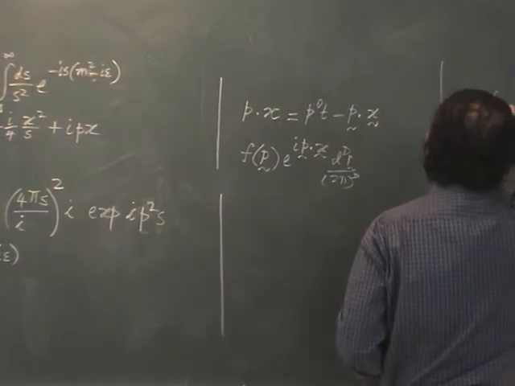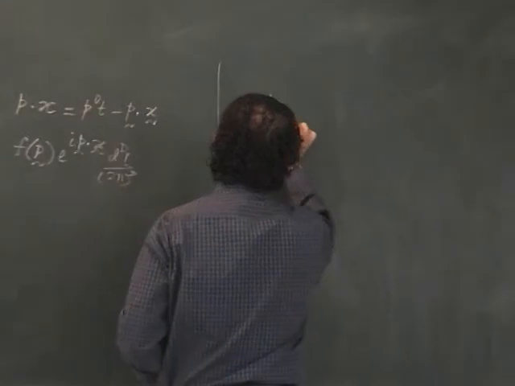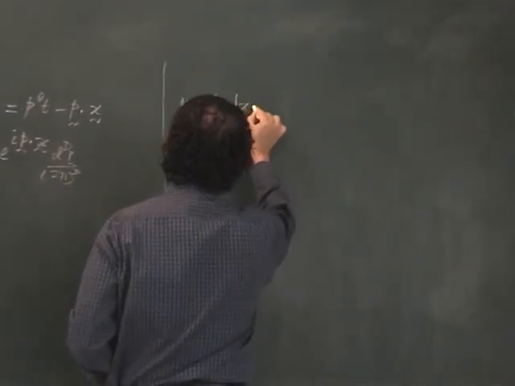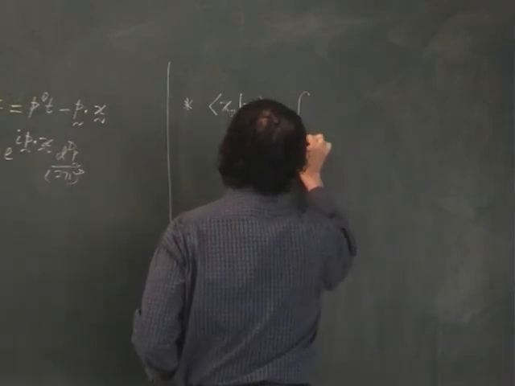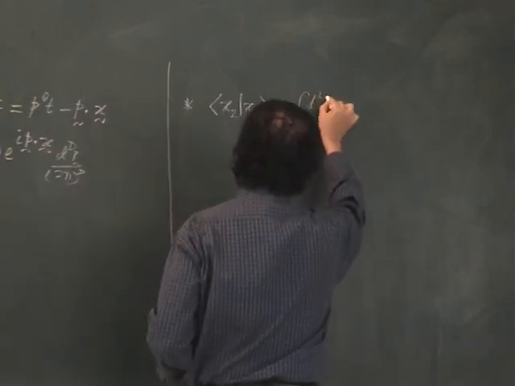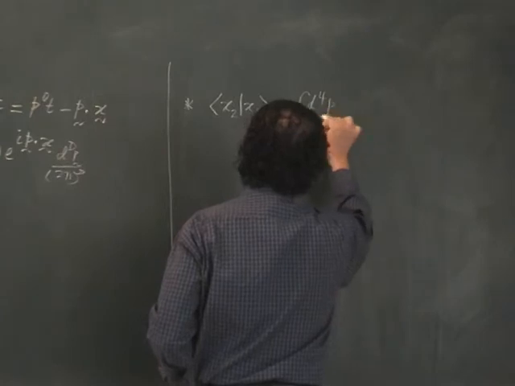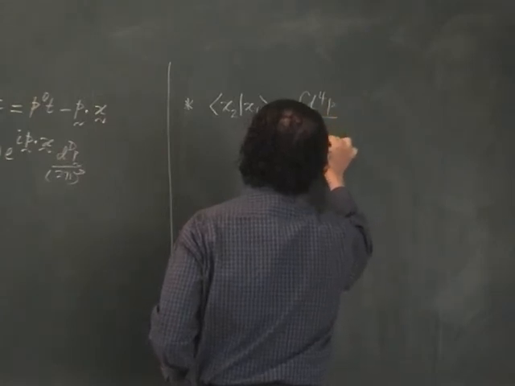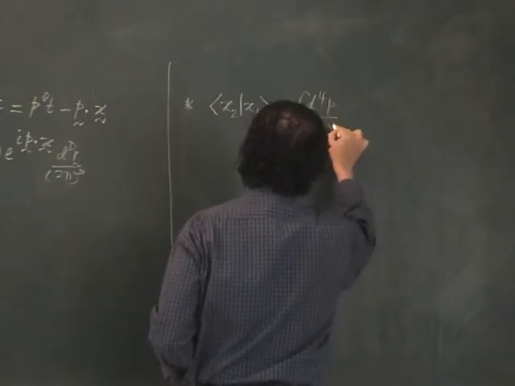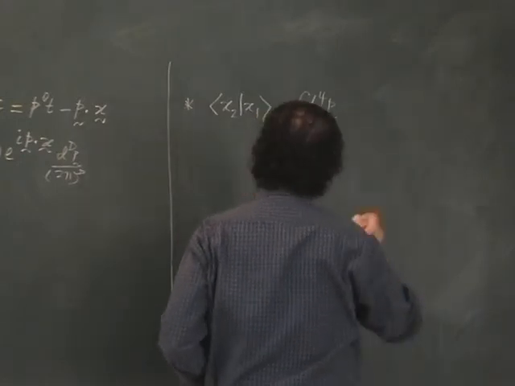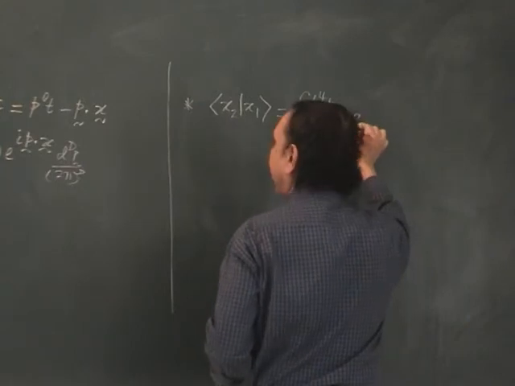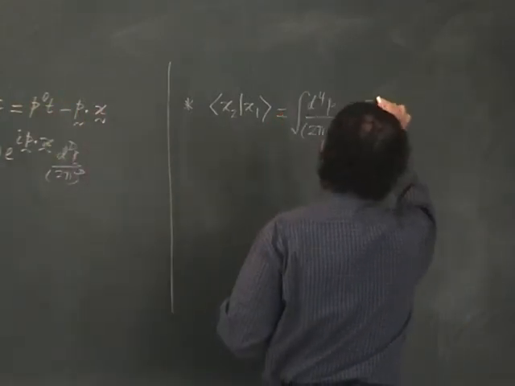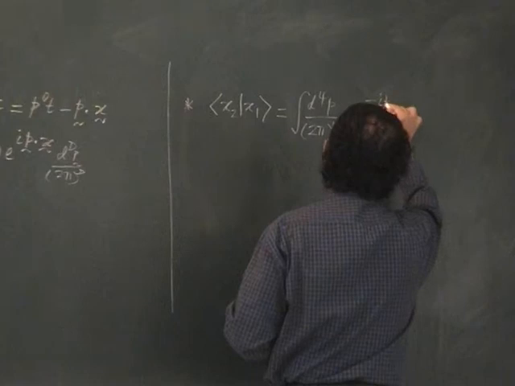Because it is a Fourier transform, I can write the inverse Fourier transform x2, x1 as integral d4p divided by 2 pi to the power 4, e to the minus ipx, there I used a plus ipx, minus ipx.